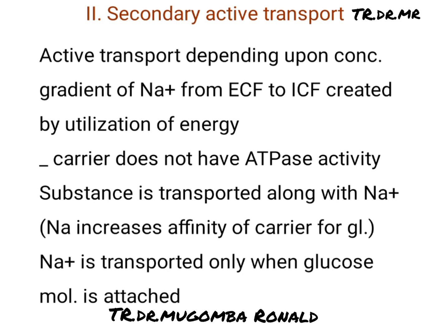So sodium is moving along its concentration gradient, but glucose is moving against its concentration gradient. Why? Because the cell usually has a higher concentration of glucose compared to the outside. So as sodium moves along its concentration gradient into the cell, glucose also follows against its concentration gradient, where it is more concentrated in the cell, yet it is moving from where it is less concentrated outside the cell.